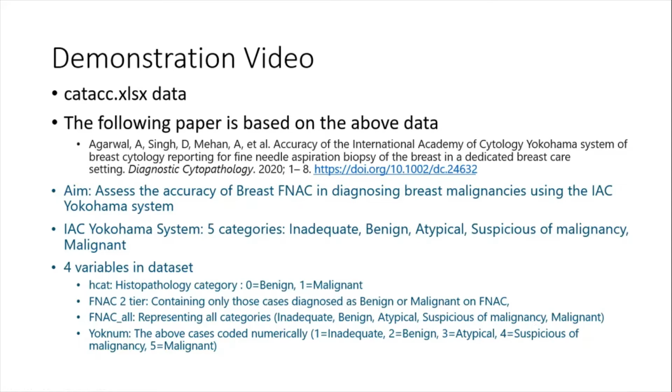All of that is given. Yokohama is just the same as FNAC_all, but the cases are coded numerically. It is given a value of 1 for inadequate, 2 for benign, 3 for atypical, 4 for suspicious, 5 for malignant. 2, 3, 4, 5, increasing order, reflecting the increasing risk of malignancy.